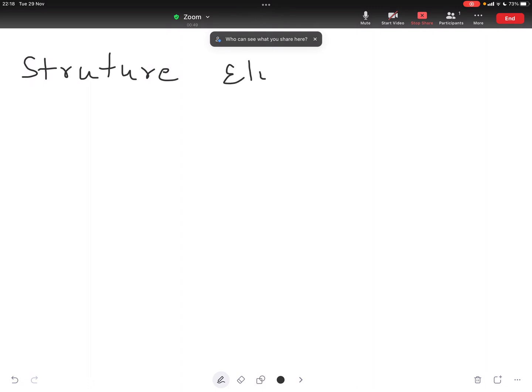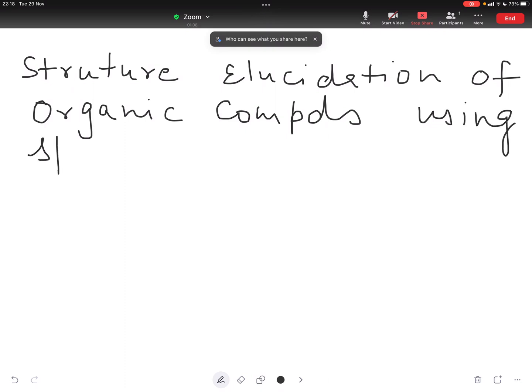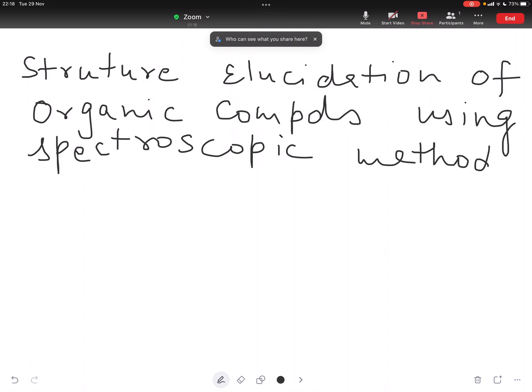Structure elucidation of organic compounds using spectroscopic methods.